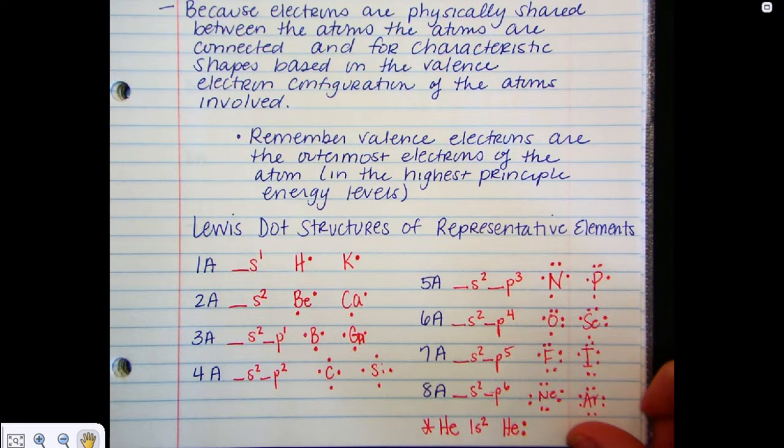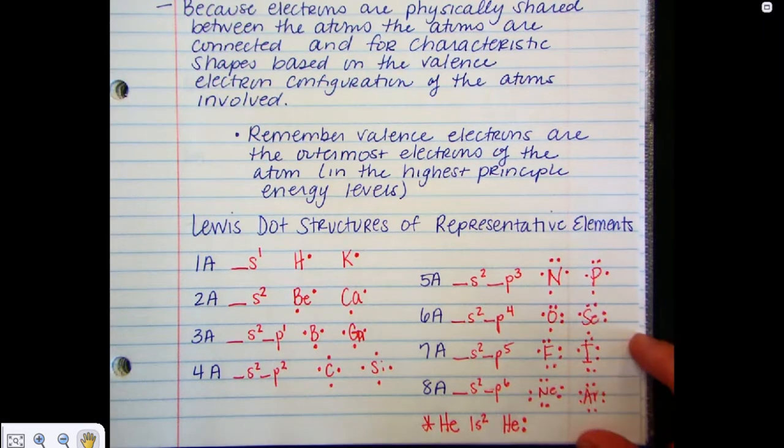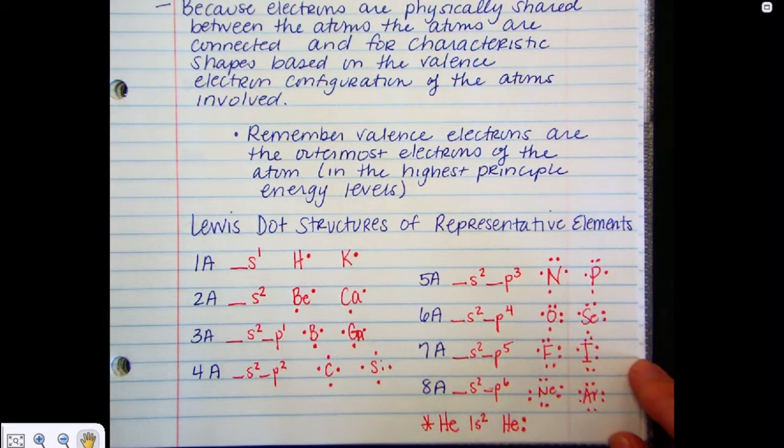Remember, all my other noble gases have more than 8, so they can have a full outer shell of 8, right? Neon has 10, argon has 18, krypton has 36. Helium only has 2. And if it only has 2, then wouldn't 2 be a full shell for helium? So there's my paired electrons for helium.